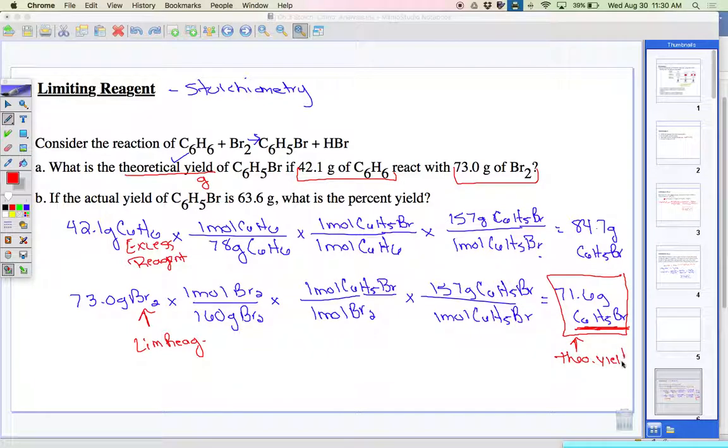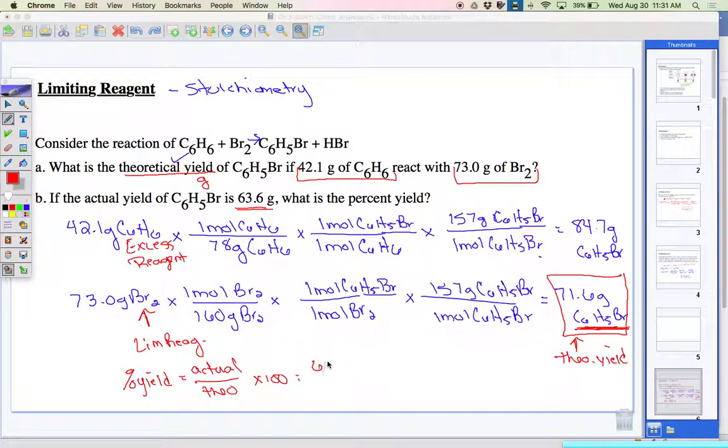All right, so this is the theoretical yield. That is how much the reaction is supposed to produce. Nothing is perfect. No reaction is perfect. And it says that the actual yield, in other words, they went and did it in the lab and they only got 63.6 grams. So they want to know what the percent yield was. Well, percent yield is actual yield over theoretical yield times 100.